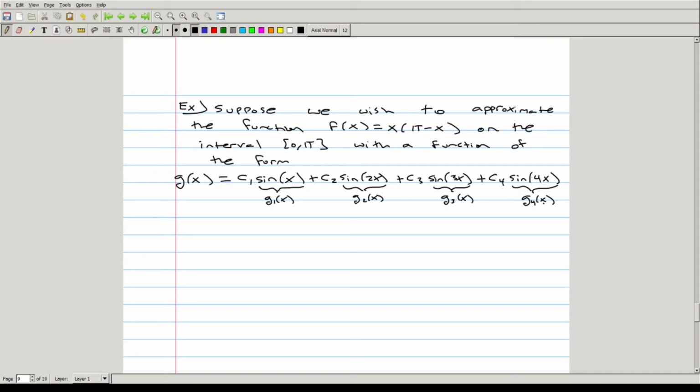And we want to note that I say approximate, the term approximate only has meaning in terms of a distance measurement.